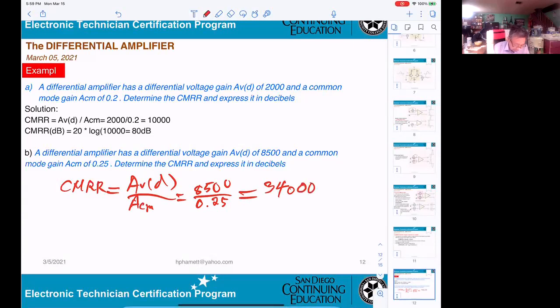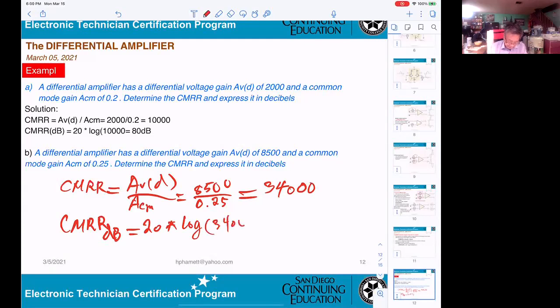And now you want that to be in dB. Okay, 20 times log of 34,000. What do you get?